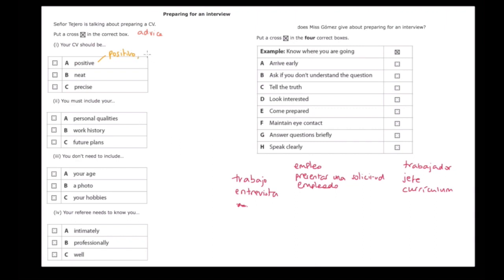Other than positivo could be things like adecuado, bueno, maybe exhaustivo. Neat, we could talk about buena presentación, good presentation, o bien presentado.